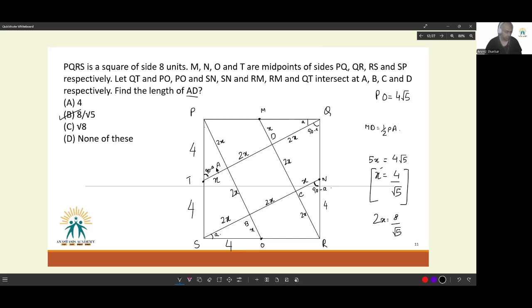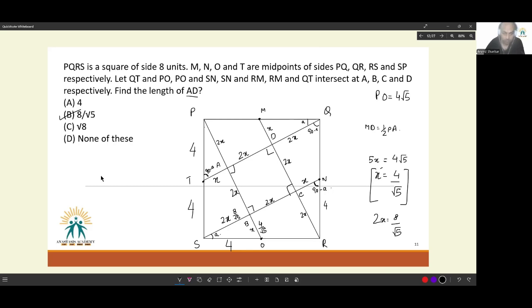You can of course know this, that the figure that gets created here will necessarily be a square. You can perhaps verify it from this. X was 4 by root 5, no? And this is 8 by root 5.